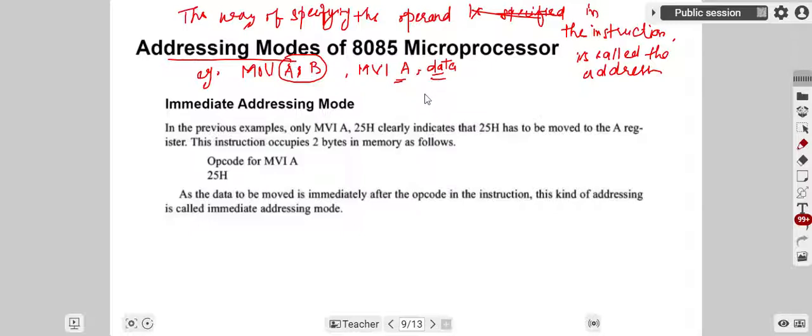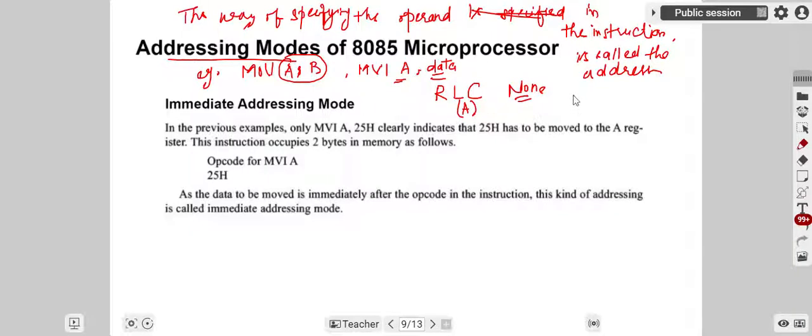Similarly, with the RLC instruction, we do not need any operand to be specified with the instruction, but the operand on which the rotate left operation is performed is specified inside the accumulator.